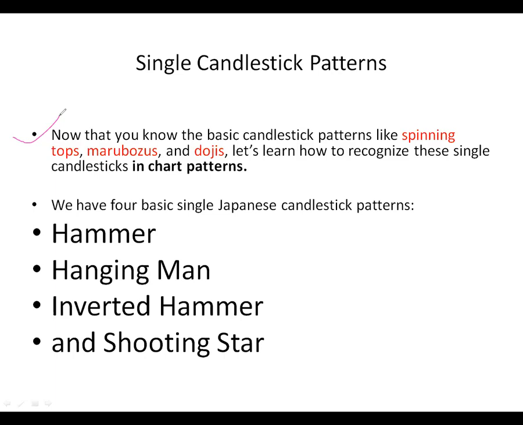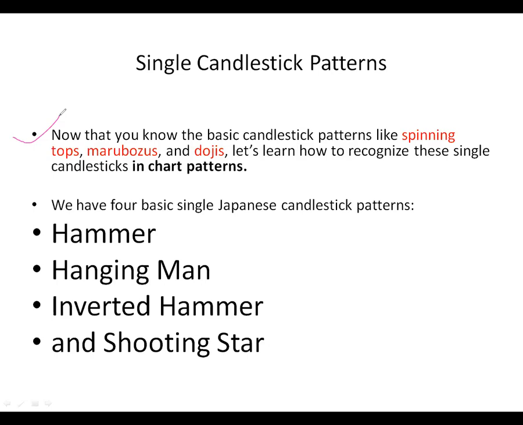Now, what this note is saying is that what we're going to see very soon is not anything new, because you already know what the spinning tops are, what the marubozus are, and what the doji candles are.